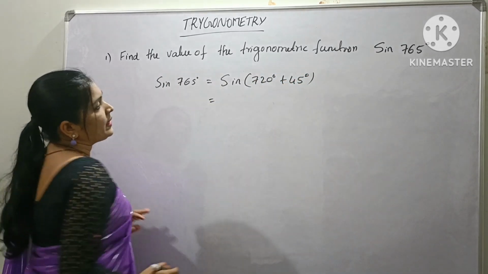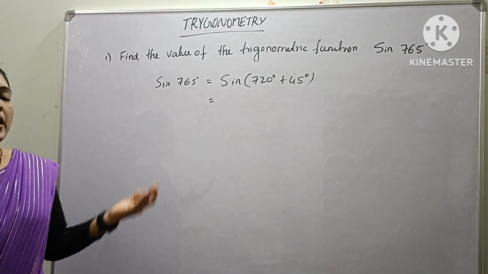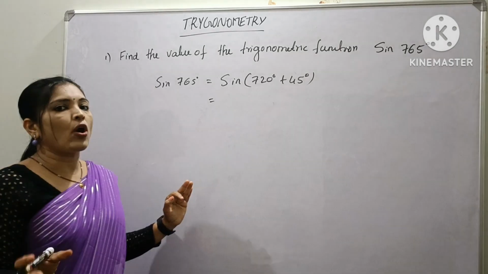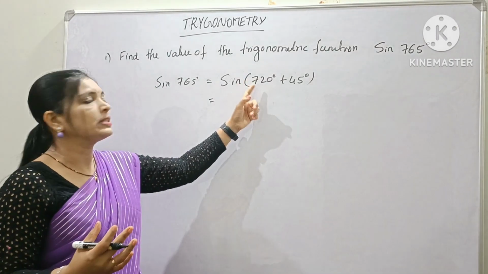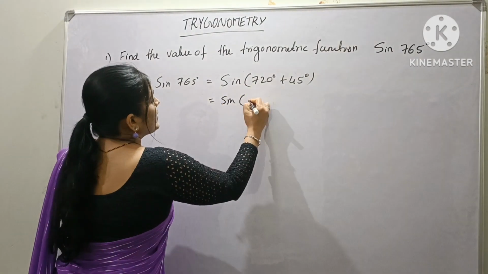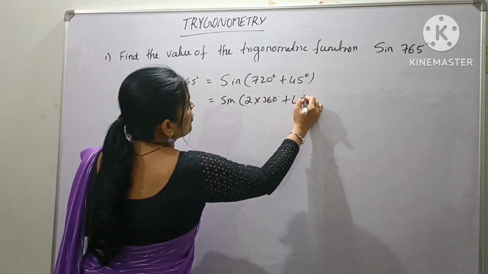Isn't it? Here, why 720? 720 is a multiple of 360 degree, and the value of sin x repeats after an interval of 2 pi or multiple of 360 degree. So once again we will write it as 2 into 360 degree plus 45 degree.